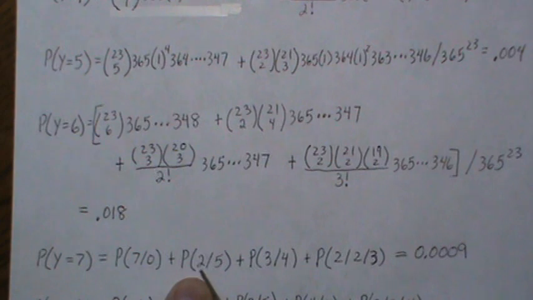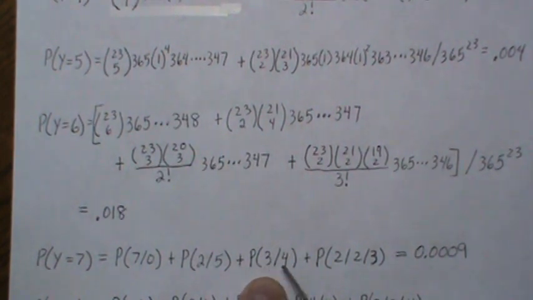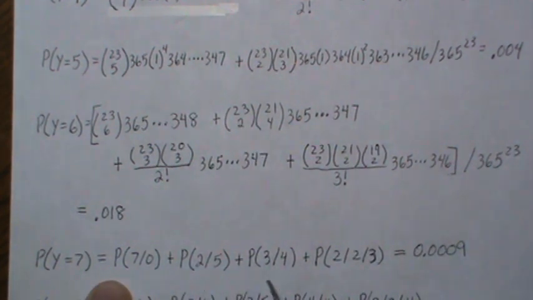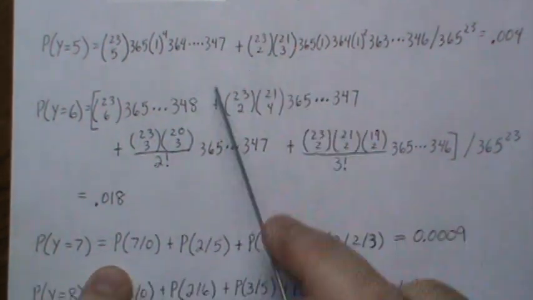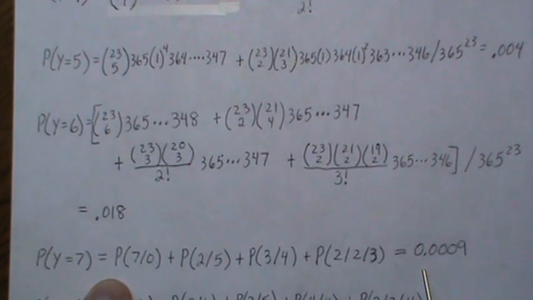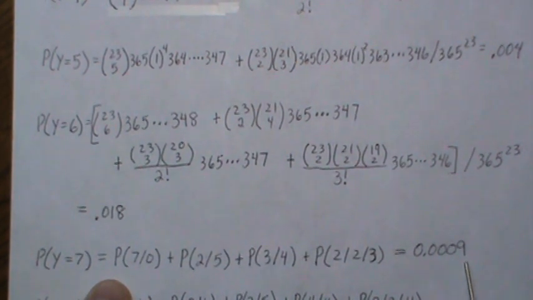Here we could have 2 people with 1 birthday, 5 with another, and everyone different. We could have 3 people with the same birthday, and 4 people have the same birthday, but a different birthday in the other 3. And here we could have 2, 2, and 3, right? And so you would calculate this very similar to what you do up here. The probability, I went ahead and did it, it's 0.0009 if you want to practice that on your own.